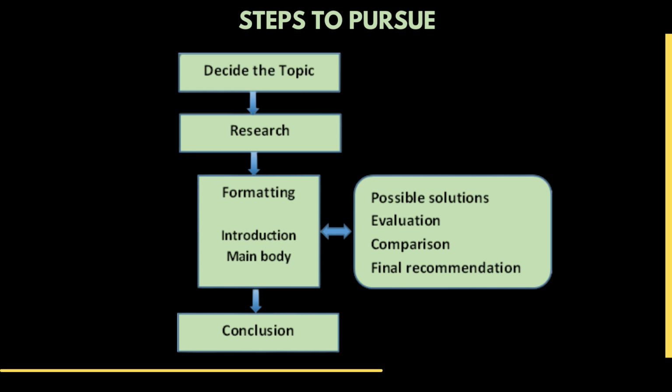This step is the most demanding and challenging aspect of writing a recommendation report, as the presentation and explanation of each proposed alternative solution is backed by researched evidence. There is an evaluation of each alternative involved based on certain defined criteria, which helps in making the readers understand how the writer has arrived at the recommended final solution.